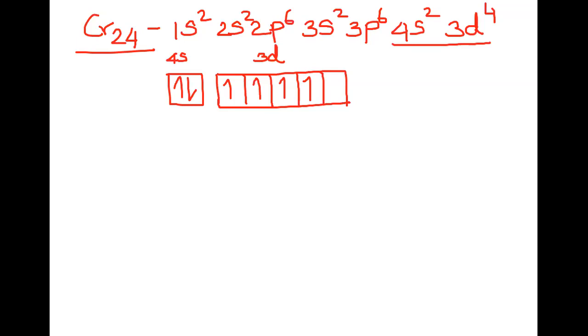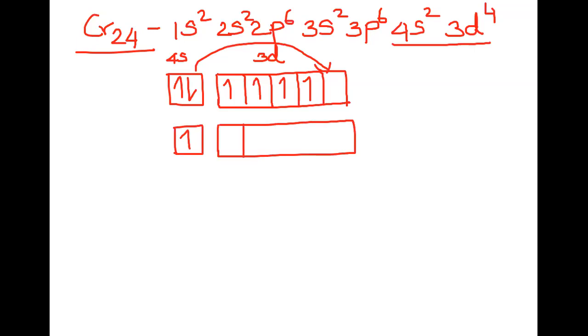So one electron from here jumps and occupies this, and the next electronic configuration that you can understand is like this. That is, each of these is having one electron each. So you see 1, 2, 3, 4 and 5. This is definitely more stable.